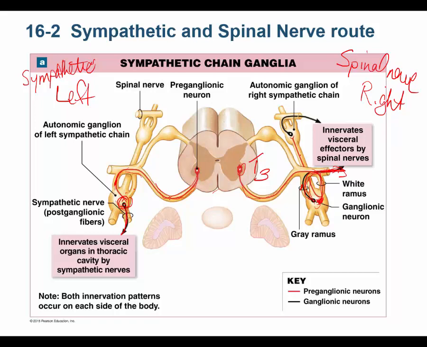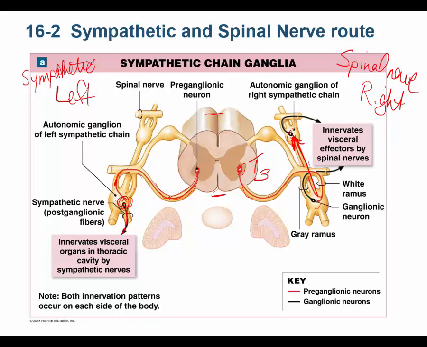Let me erase all this garbage I'm filling up here. What can happen is this. This preganglionic neuron can go up or down. In this case, it's going down. You're looking from the top of the spinal cord. How can I tell? This is dorsal, this is anterior. You're looking from the top down.